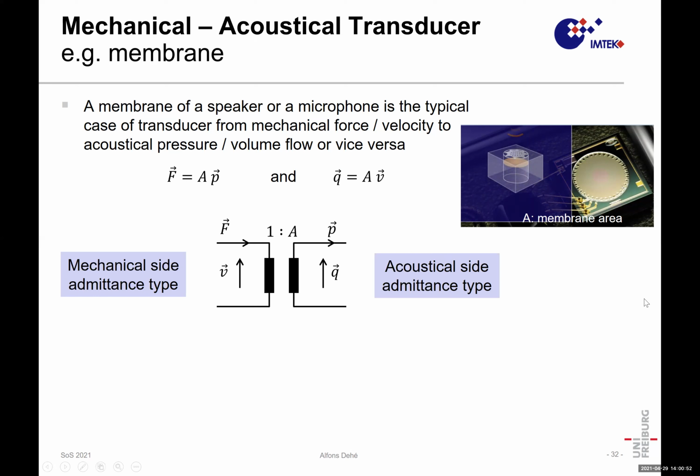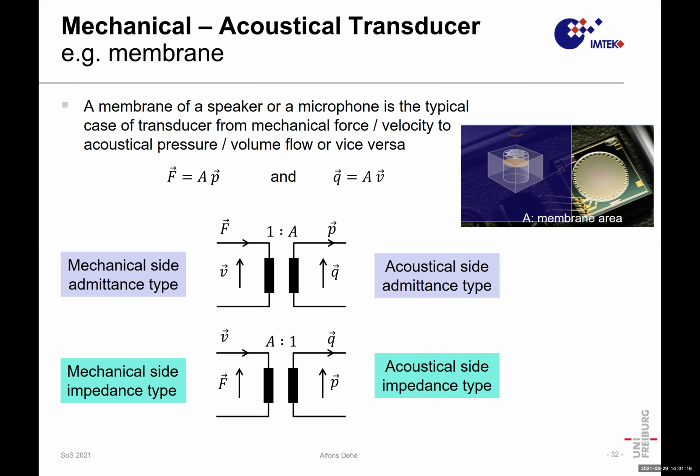So we are admittance type here, and we simply use ideal transformers. It's like a coil-coil system, and the winding relation is simply the area. So if you formulate your mechanical circuit on this side and the acoustic circuit on that side, and you put this relation in, then you can solve it in one and the same circuitry.